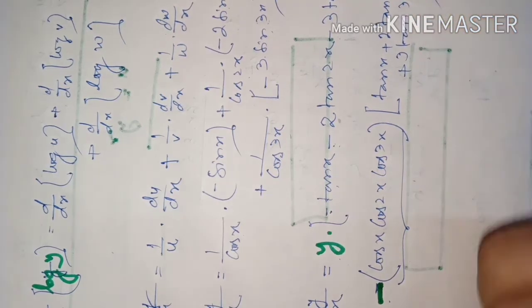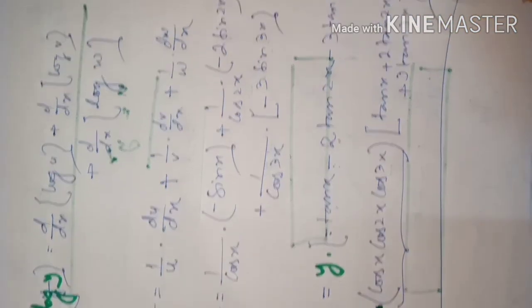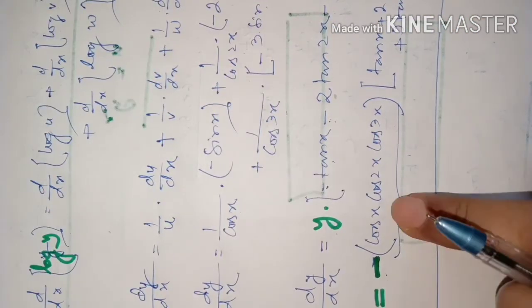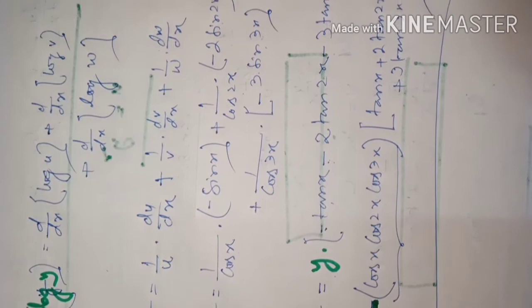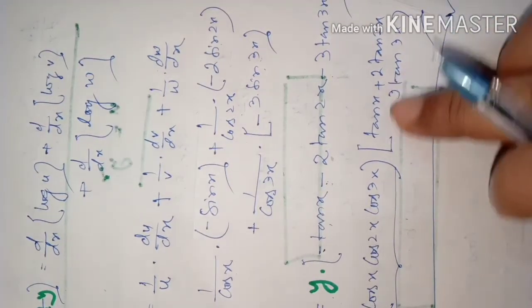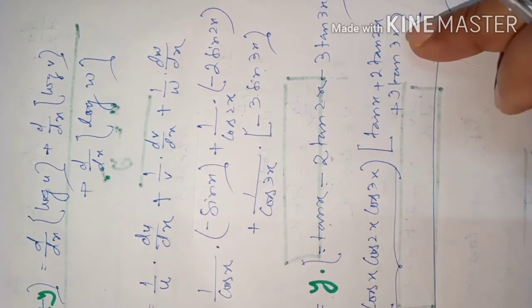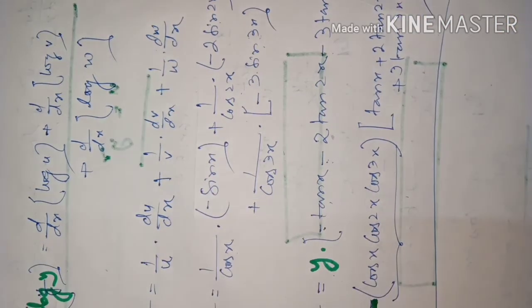This is our final answer. Okay, students, so this is the final answer. Here is the minus sign, the line is a little long, please bear with me. So tan x plus 2 tan 2x plus 3 tan 3x. This is our final answer.